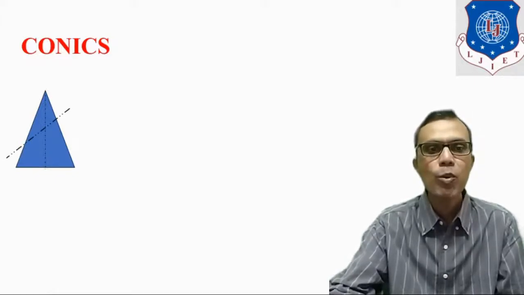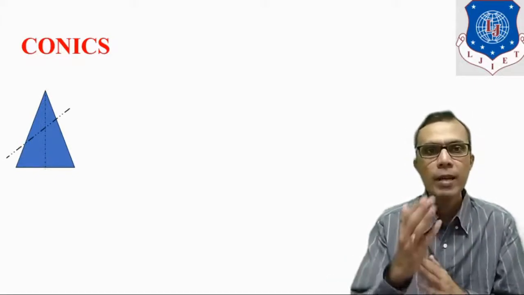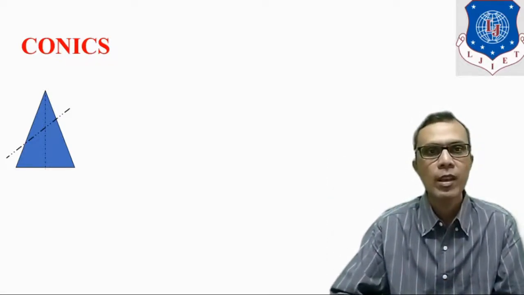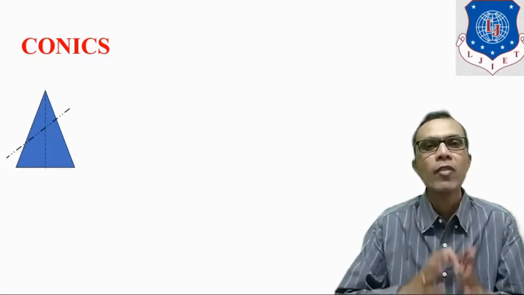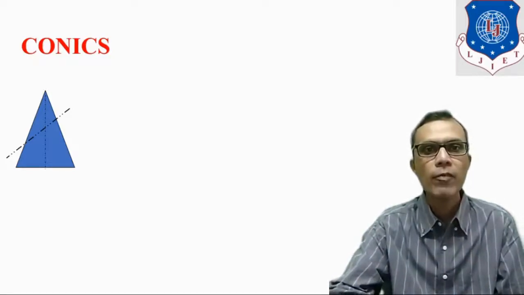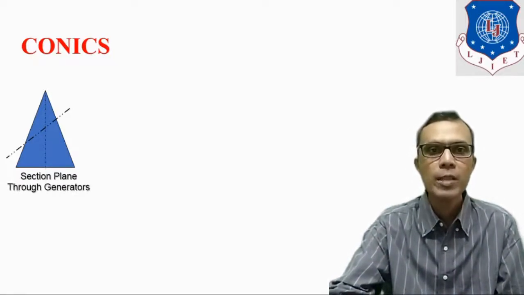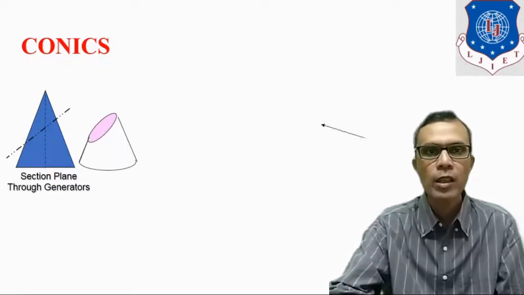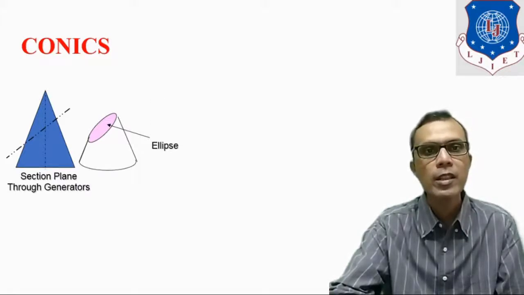You can see the position of the cutting plane. The cutting plane cuts all the generators of the cone and it is inclined with the axis of the cone. If we cut this cone in this position by a cutting plane and the smaller part is removed, then the remaining section, you can see in the diagram, is an ellipse.